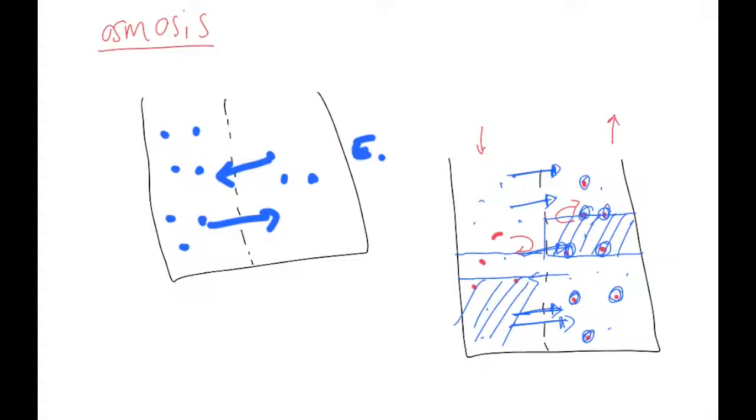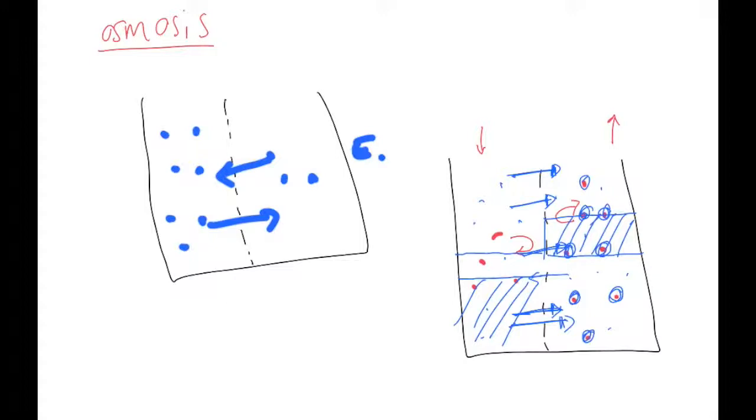Okay? If, however, we have a situation set up where we've got a membrane that is permeable to water, so allows water to go through, but is not permeable to, say, a solute like salt, then the water will move across through its random diffusion process. It will interact with those salt molecules and join to it.